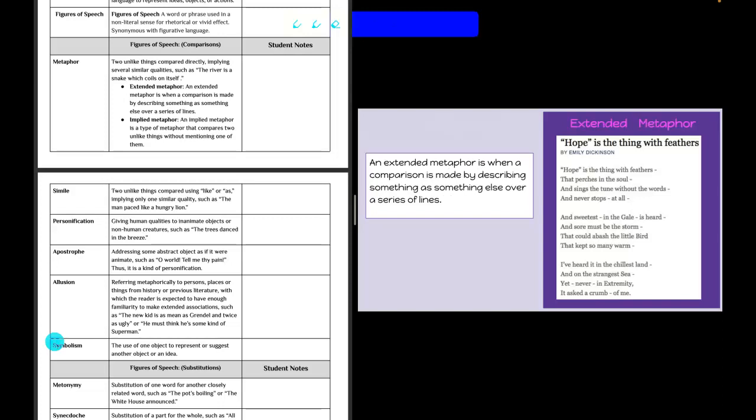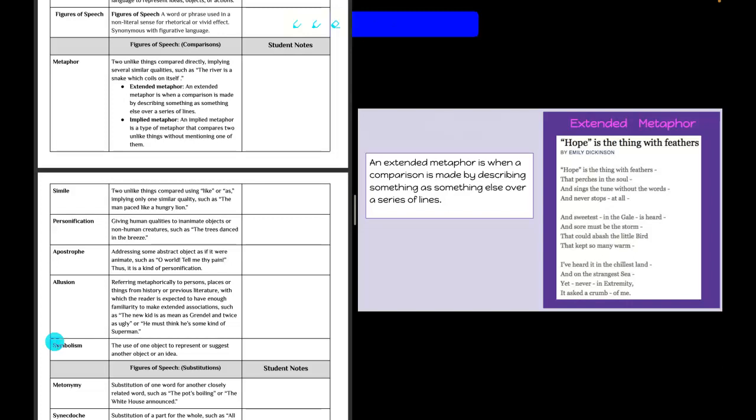An extended metaphor is when a comparison is made by describing something as something else over a series of lines. So it isn't just a single line metaphor. It extends across lines of a poem. In my example by Emily Dickinson, hope is the thing with feathers. Hope is the thing with feathers that perches in the soul and sings the tune without the words and never stops at all.